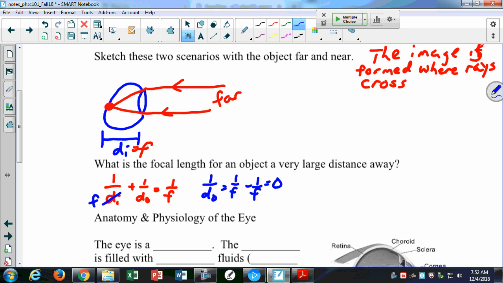So the bigger the denominator gets, the smaller and smaller the result is. So in order for 1 over DO to be equal to 0, that means DO has to be really big or really small? Really, really big. In fact, we would say that DO approaches infinity. And so when an object is very far away, the focal length is equal to the image distance.